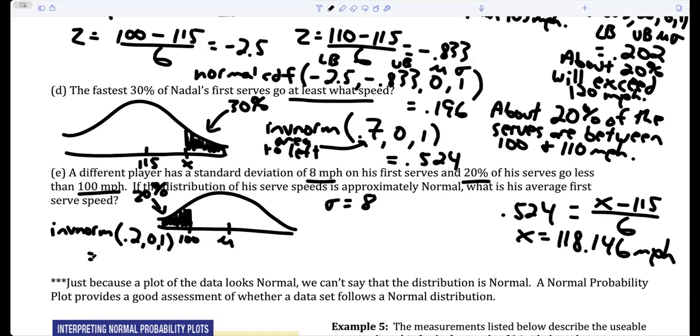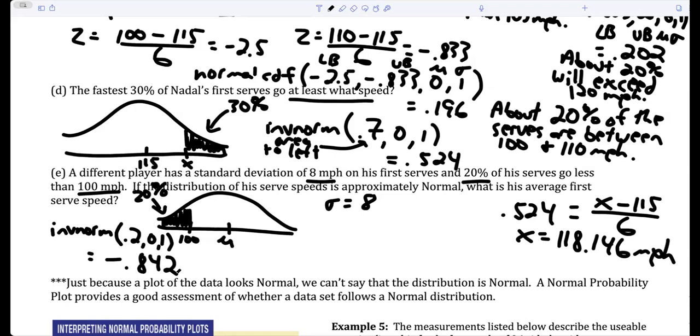Yes. Okay, so we just always want to self-check our answers there. Okay, what is this z-score here? Should be negative 0.842.